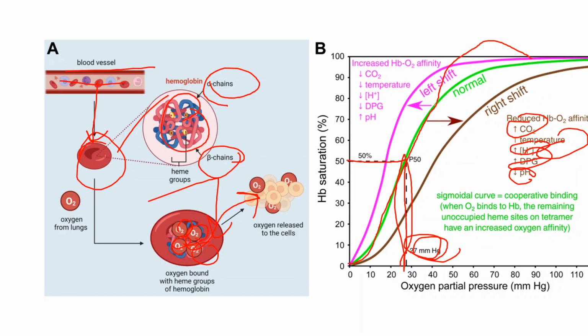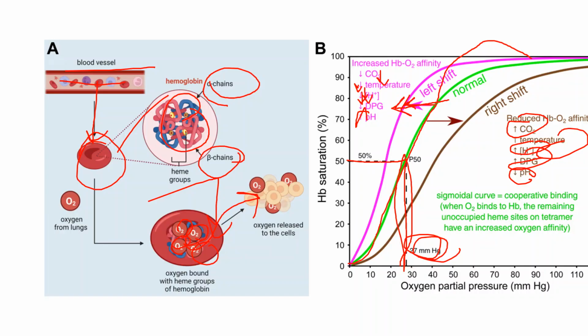But when there is a left shift, the curve shifts to the left when there is low CO2, low temperature, low hydrogen ion, or high pH. We call it a left shift.